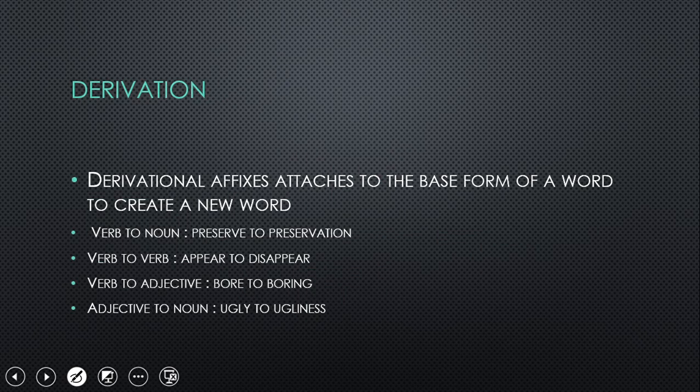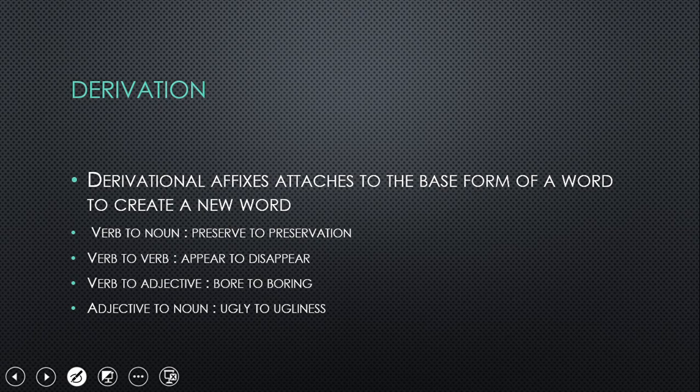Then comes derivation. Derivation is actually that process, as I have told you, that you would add or attach derivational affixes. What are derivational affixes? These are the morphemes that could not stand alone, but when they are attached to the word, they give meaning, as well as they would change the category of the word.